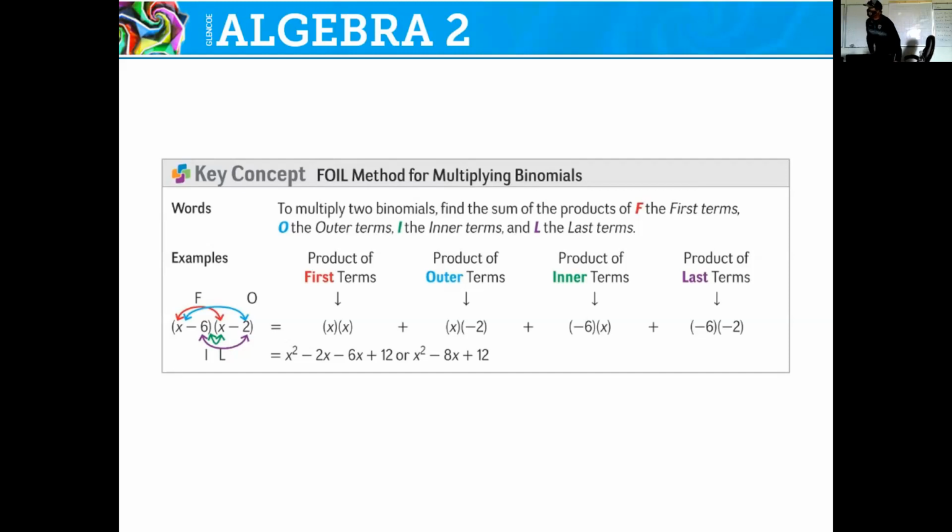More or less, you're repeating the distributive property twice. You're taking this first x and multiplying it against both of those two terms. You take this 6 and multiply it against both of those two terms. So first, outside, inside, last. Pretty simple stuff. We've done it before. We actually just did it when we were talking about multiplying complex numbers. So FOIL should be strictly review for you guys.